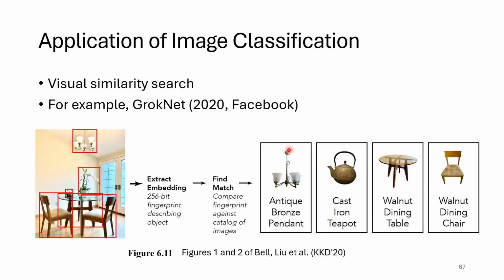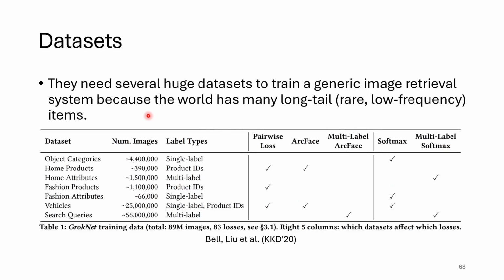When I searched for this paper, the citation count of GrokNet is very low, less than 1,000. However, I think Facebook or many big companies like Google, whose income comes from advertisement, need such an image classification network to foster their business.